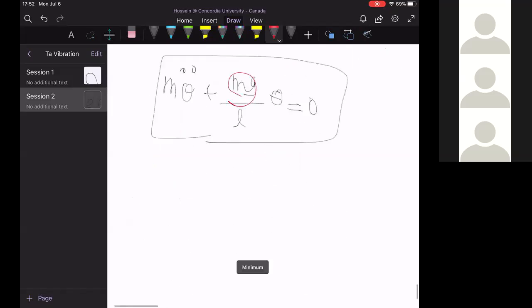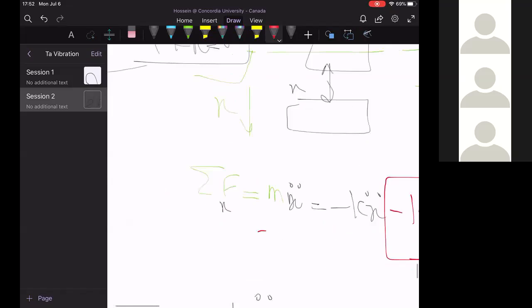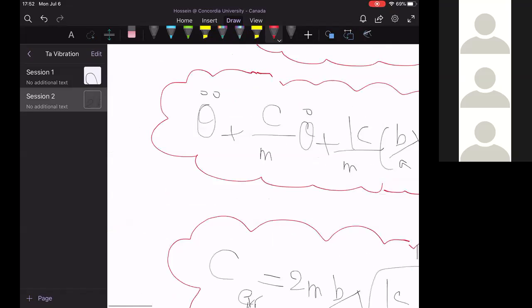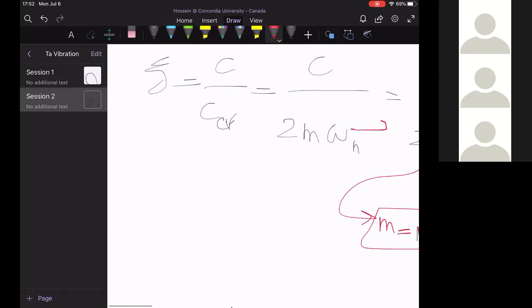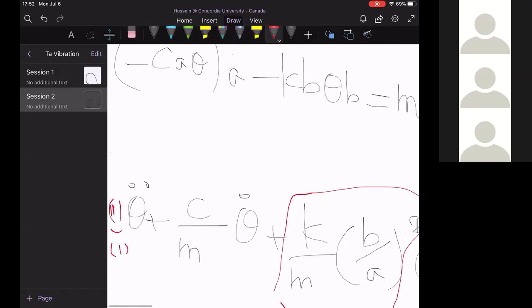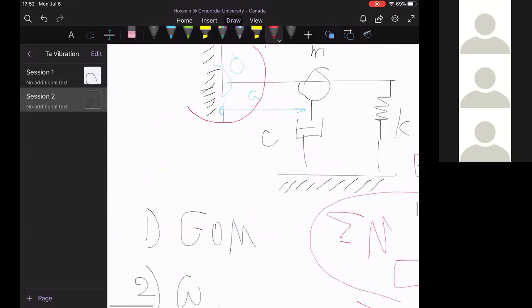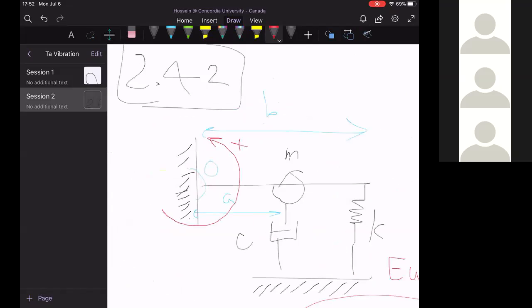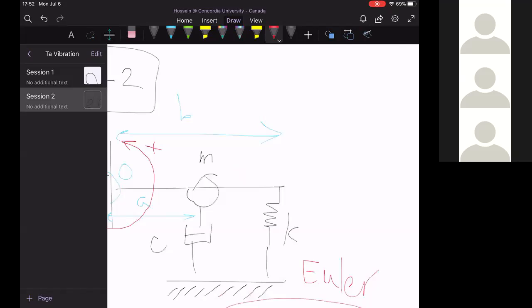So just a quick hint, and in our problem specifically 2.42, as soon as you attach the system to the spring and damper, there should be a static equilibrium position, and here I just ignore it, and I start writing the equation of motion, and I assume that this is a static equilibrium position.